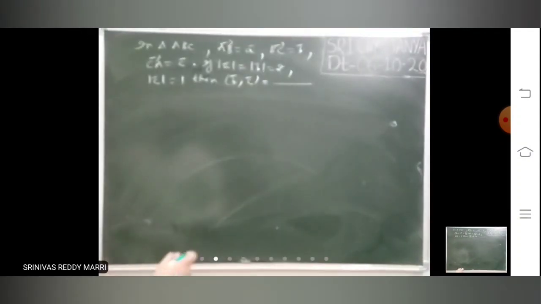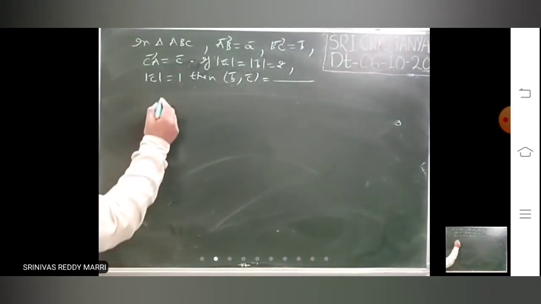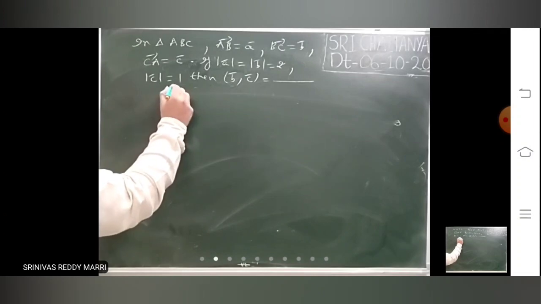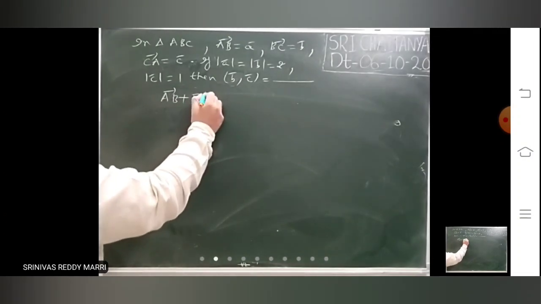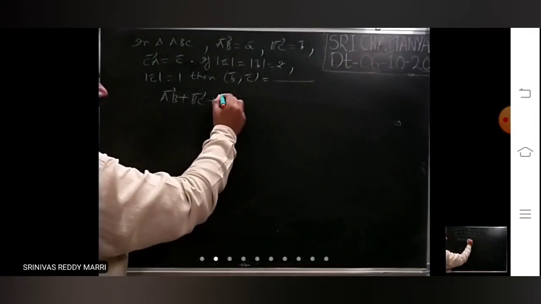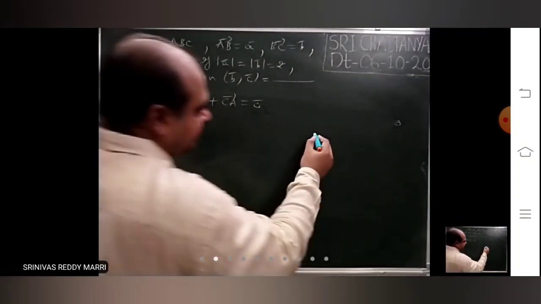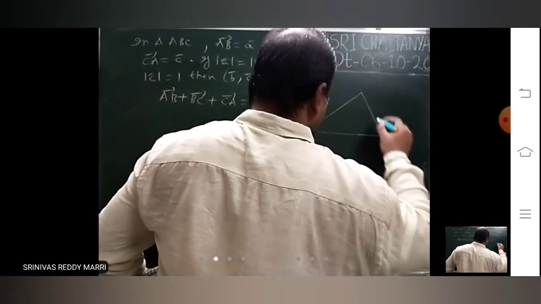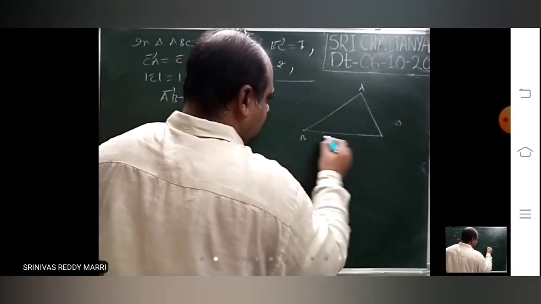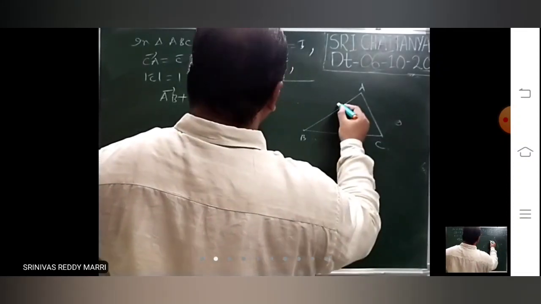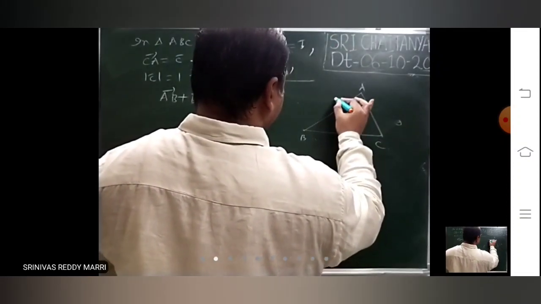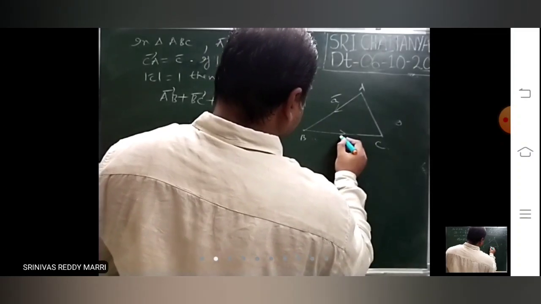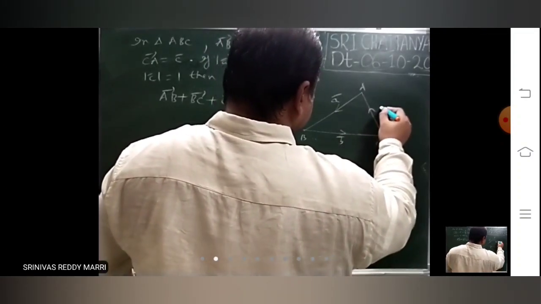In triangle ABC, sometimes all the vectors will be given. You know this from the addition of vectors: AB bar plus BC bar plus CA bar. AB bar is A bar given, BC bar is B bar given, and CA bar is C bar given.